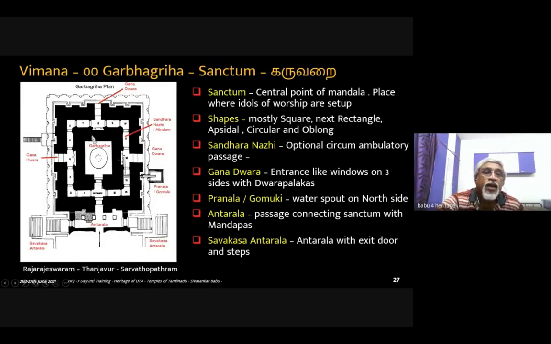There, the central portion will be a Garbhagriha, where if it is a Shiva temple, the Linga will be stationed. Like we saw earlier, the Garbhagriha can be in any shape, but internal design also can be in any shape.